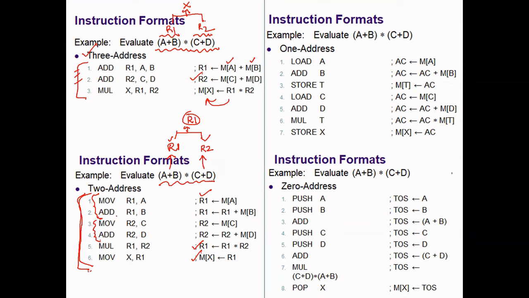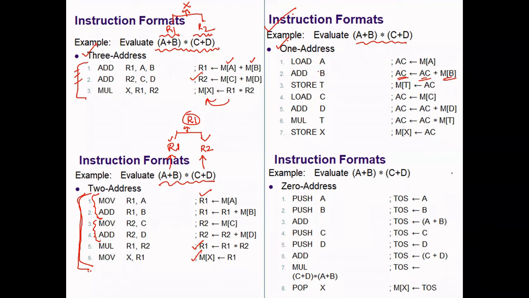That's the same expression if you take one address instruction. Load A, that means memory of A location, the data is moved to accumulator. This CPU is accumulator based organization. And add B, that means accumulator plus memory of B, the result is stored back in accumulator. These are one address instructions only.